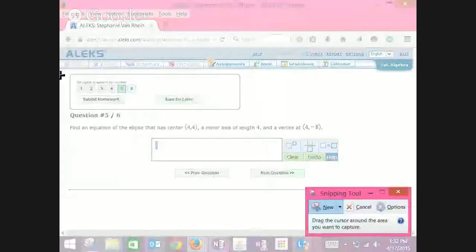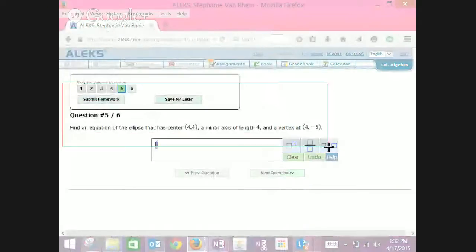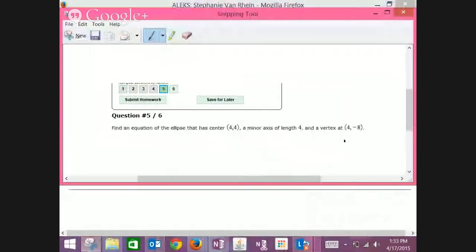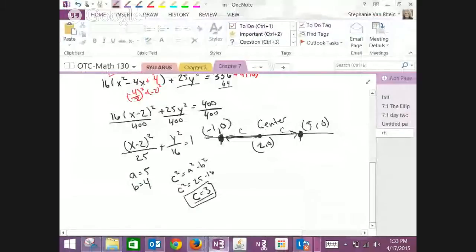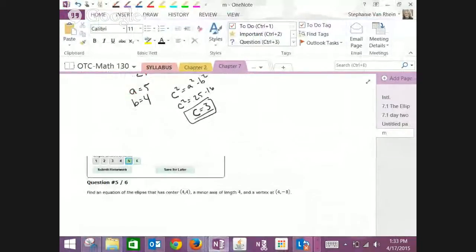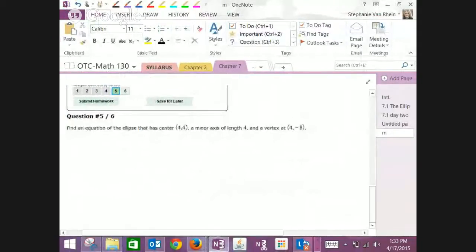So if we can visualize what's going on here, the center is at 4, 4. So this would be (x minus 4) squared, (y minus 4) squared, right? The center.